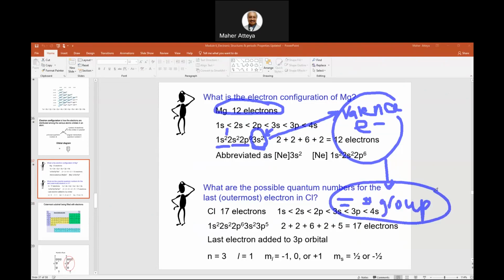The valence electrons are the outermost, the last electrons. Exchanging those electrons, giving them away or taking some electrons, is what a chemical reaction is all about. A chemical reaction results in exchange of those valence electrons, which is the number of the group.